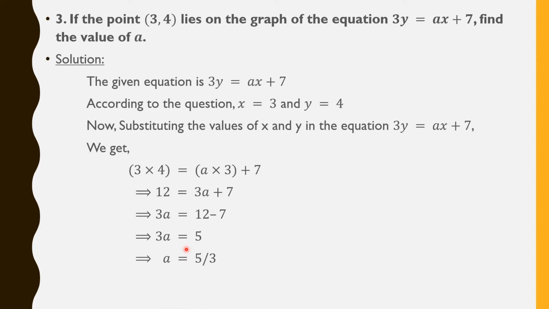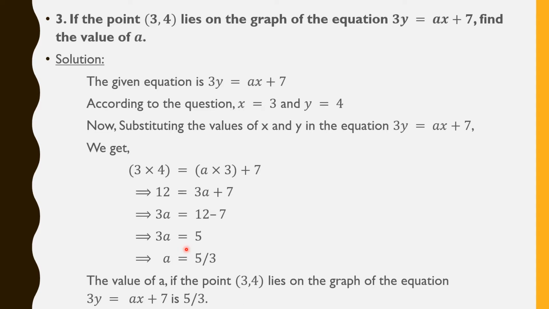Now a = 5/3. Now we know that the value of a, if the point (3, 4) lies on the graph of the equation 3y = ax + 7, is 5/3.